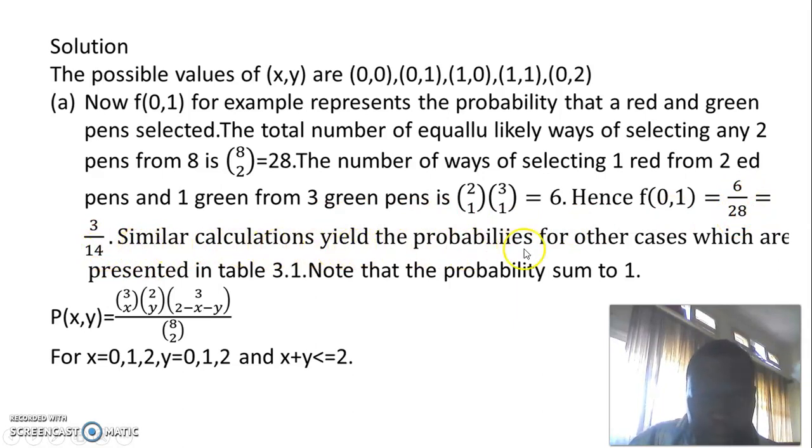Similarly, calculations yield the probabilities for other cases, which are presented in Table 3.1 as shown below in the next slide. Note that the probability sum should be equal to what? To 1.